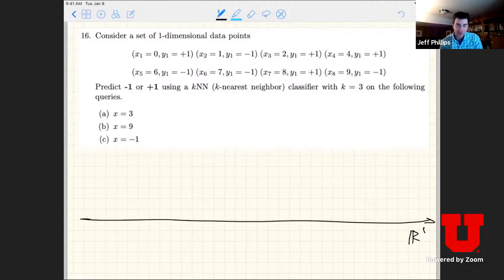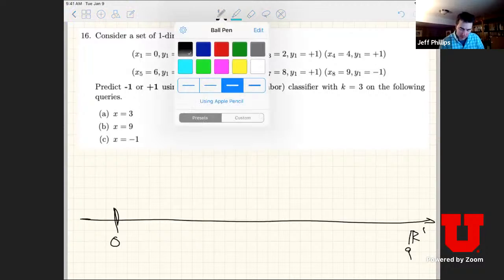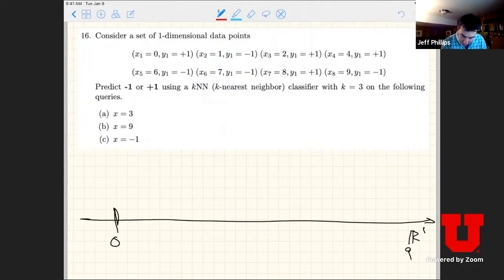I have points that go from 0, actually let me move 0 a little bit further, 0 up to something like 9. Okay, let's try and draw these. All the positive points.